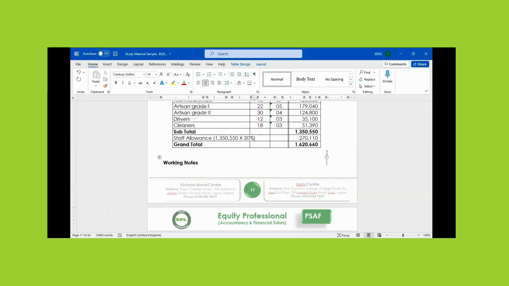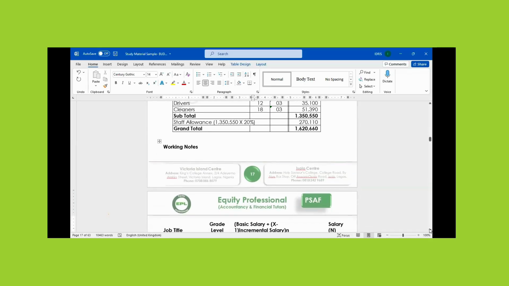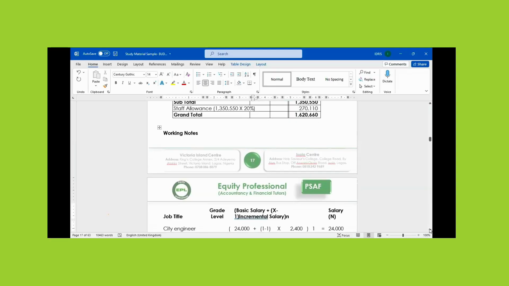So the grand total will be 1,620,660. So that is the solution for that.